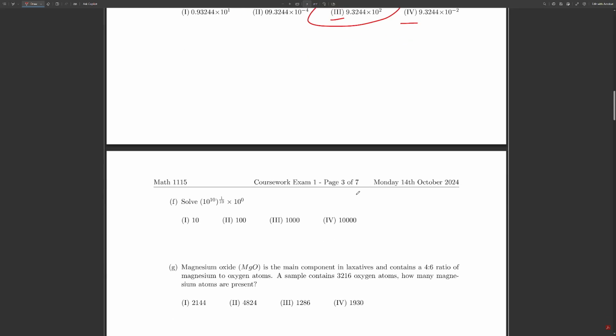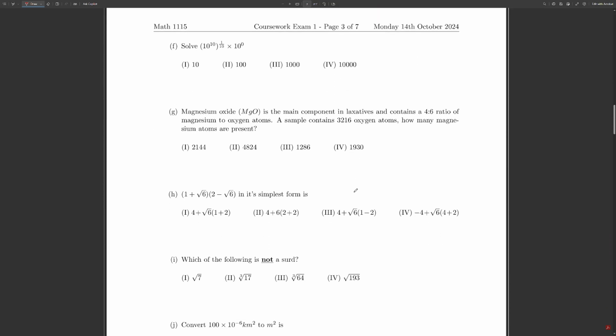Okay, we're moving on to F. Solve this indices problem here. We have 10 to the power of 10, and that's all raised to the power of 1/10, multiplied by 10 to the power of 0. Well, 10 to the power of 0 is already 1, so I'm not even going to bother with this. Whatever the answer here is the answer, it's going to be multiplied by 1.